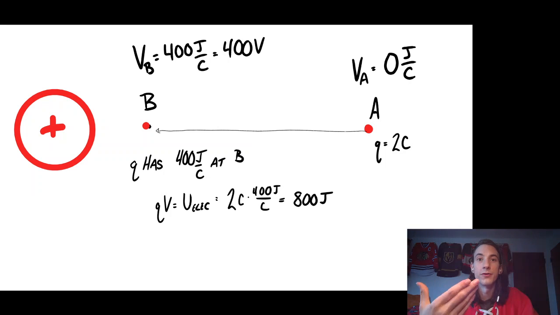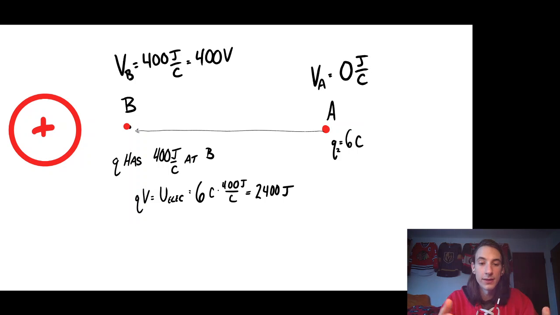We gave it 400 joules for every 1 coulomb that it has. In this situation, we happen to be moving a 2 coulomb charge closer to that source charge, so we can quickly figure out that now it has 400 joules for every coulomb. We had 2 coulombs of charge, so we gave this test charge 800 joules of electric potential energy.